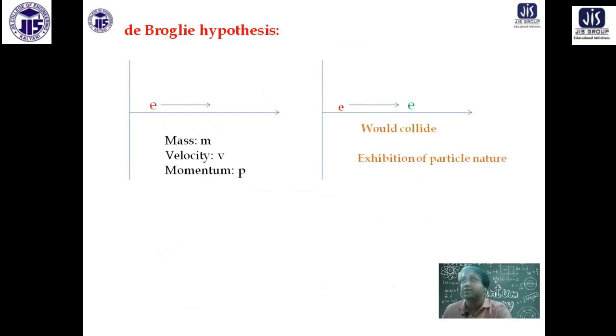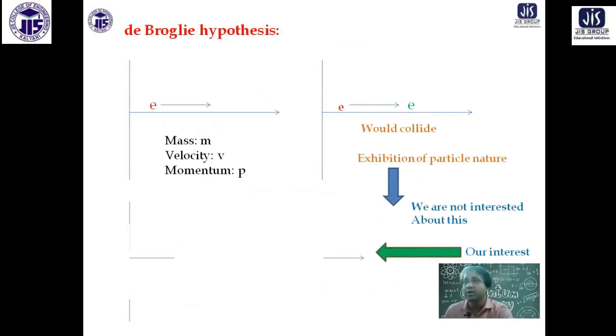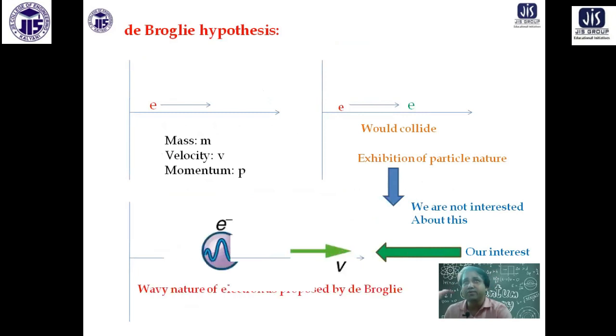My class goes with de Broglie, okay? That is, if the electron shows wavy nature, then my class begins. And this exhibition of wavy nature of electron has been proved by the Davisson-Germer experiment.